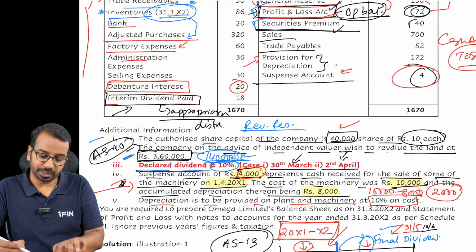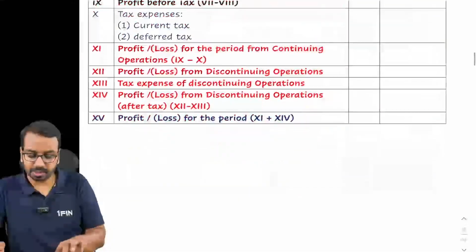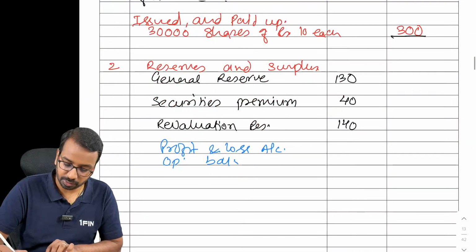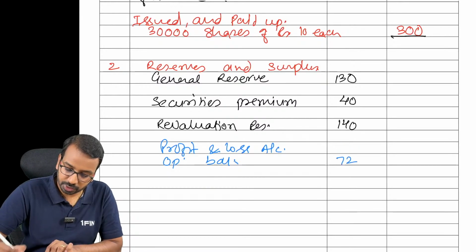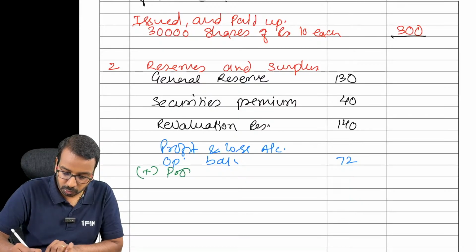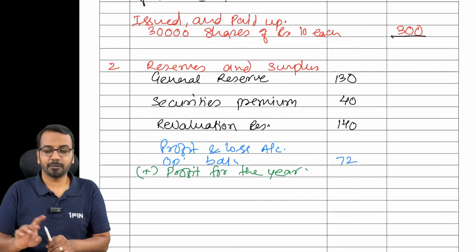Revaluation, one impact is completed. So P&L is 72. Let us write down profit and loss account 72. Then we will add profit for the year, and dividend, depending on what we assume, we will see that. All right.